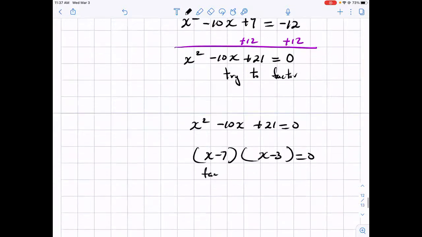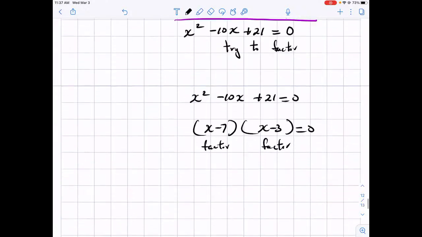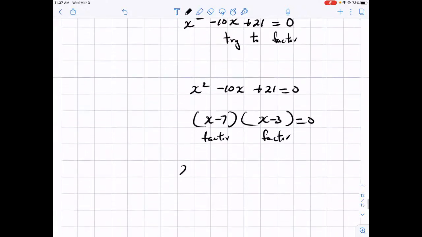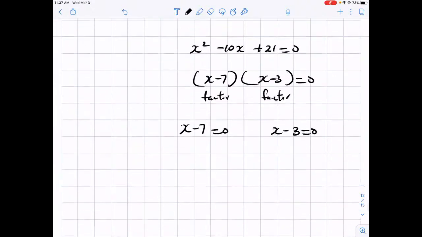So here we have a factor, here we have a factor. If we take each one of them equal to 0 and solve, we get x is equal to 7 here, or x is equal to 3 here.